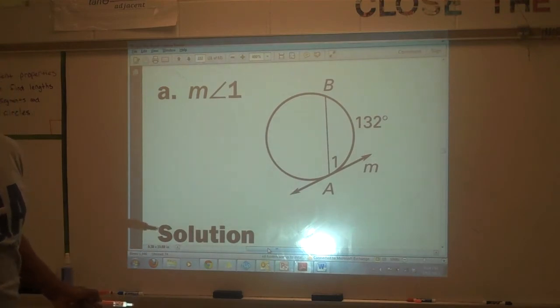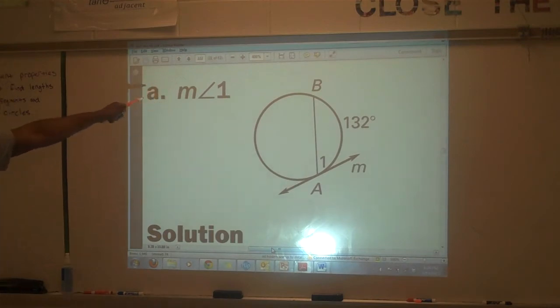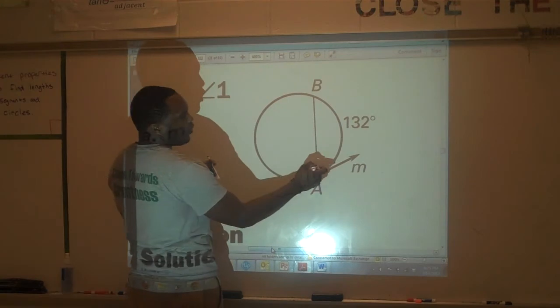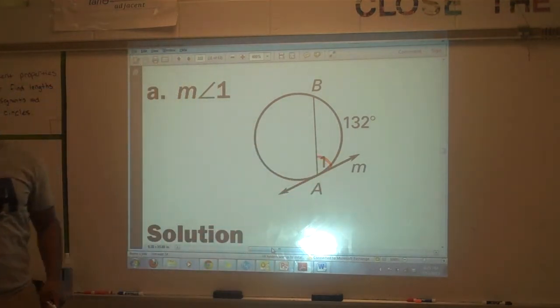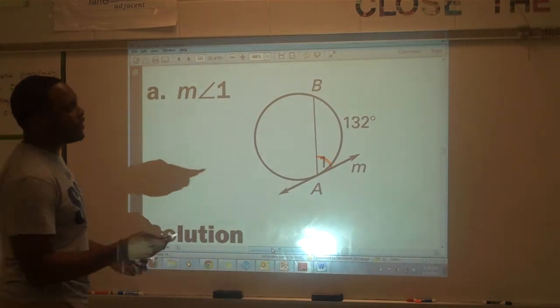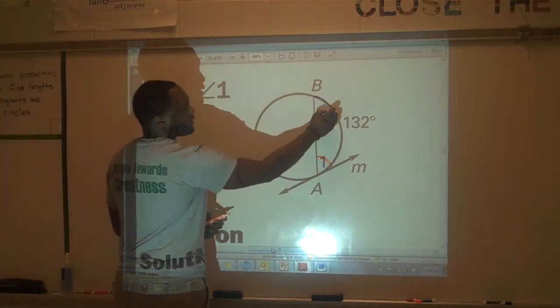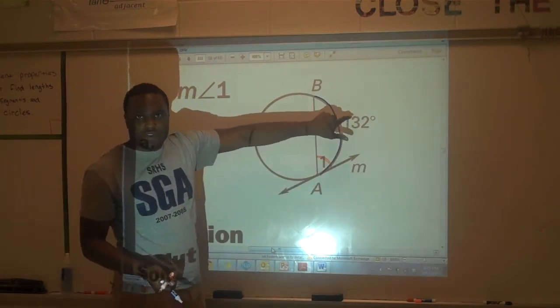It wants us to find the measure of angle 1 for part A of example 1. So, I see angle 1 is this angle down here. It's the acute angle at the intersection of my tangent line and my chord. Well, luckily, I know what the measure of this arc BA is. The measure of this arc here is 132.